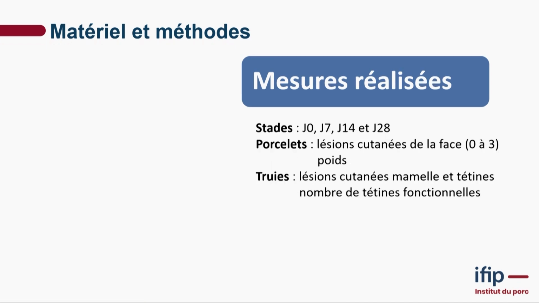Skin lesions. We took measures at first day, the day when they are treated, D7 and D14, the first and the second week in the life, and D28 is the day before weaning.